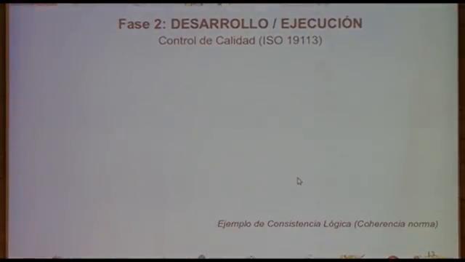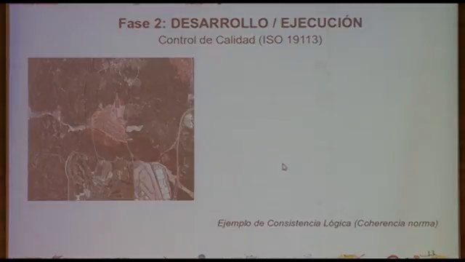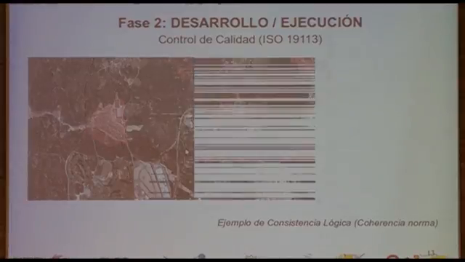For you to have a rough idea of the size of the work, here we see a population, and here we see the line that divides these 2 municipalities. In fact, these are 2 municipalities.